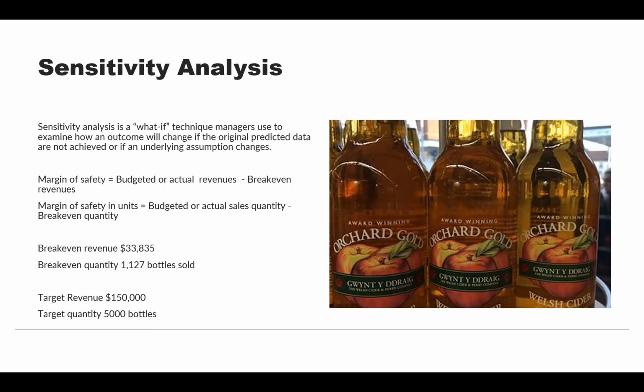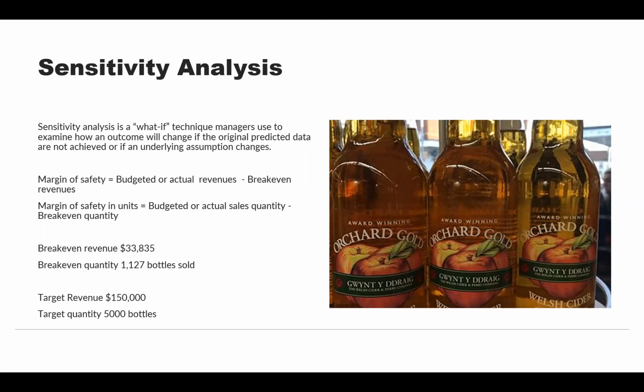Or if your break even quantity was 4,000 bottles, and you think you can sell 5,000 bottles, once again, you're assuming more risk by going, because there's more of a chance that you might lose money by being there.